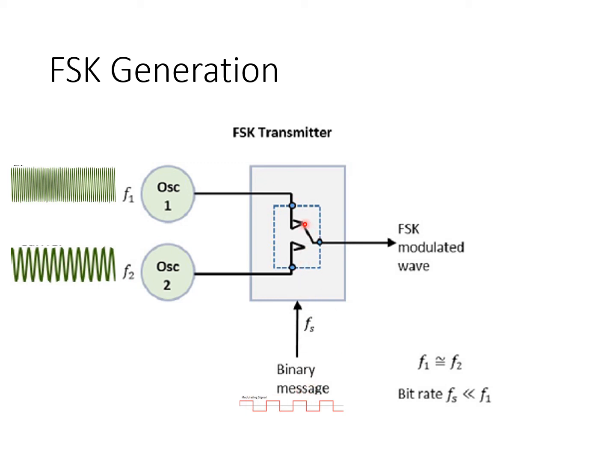At signal level 1, the switch will be connected to oscillator 1, so it will give an output of high frequency, and when the binary signal becomes 0, the switch will switch to oscillator 2, which will give an output of low frequency. So according to the input signal, the modulated wave will have frequencies of high frequency and low frequency.